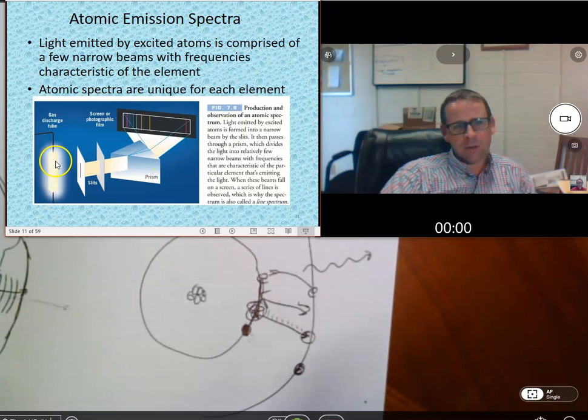So, depending on the element within the tube, a different color will result. And if you pass that light that is emitted by that different element into a prism and break it up into its different components, then you'll get a very fingerprint-like indication of what your element was.